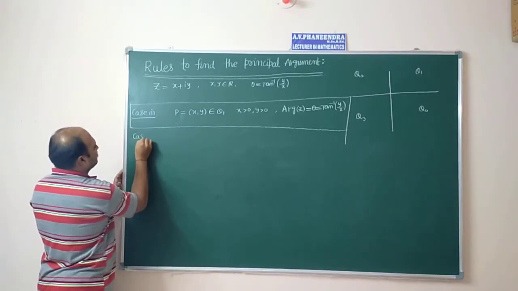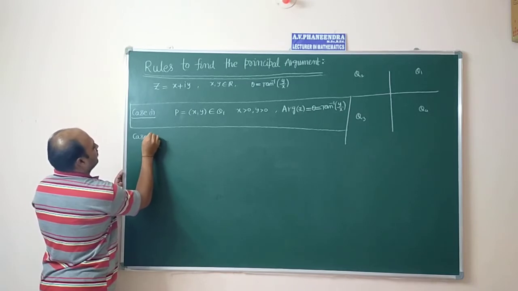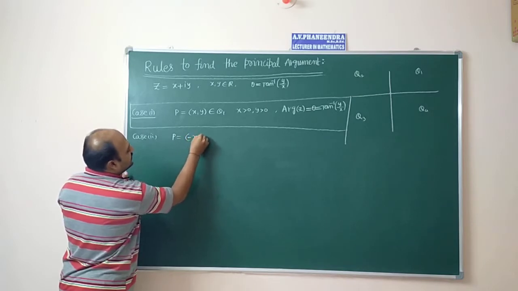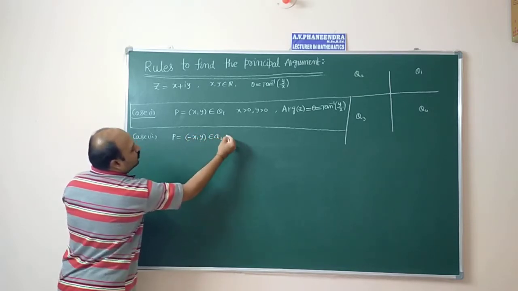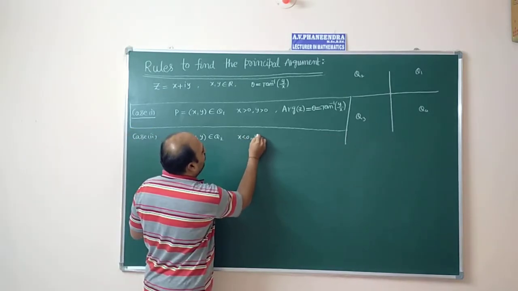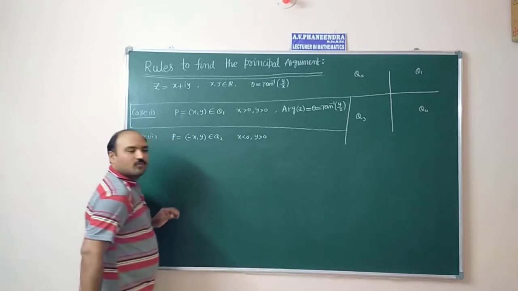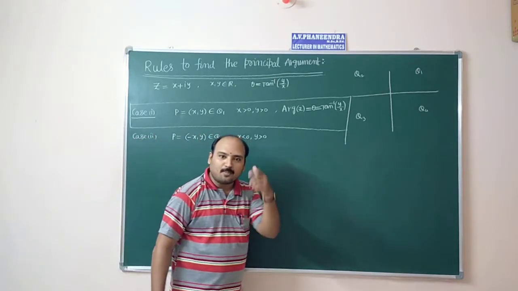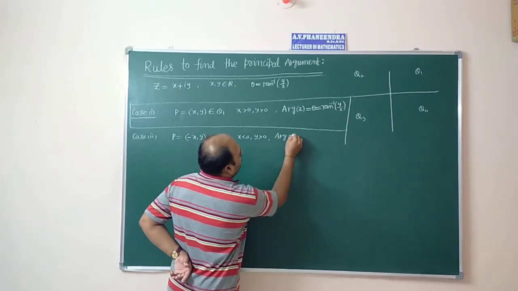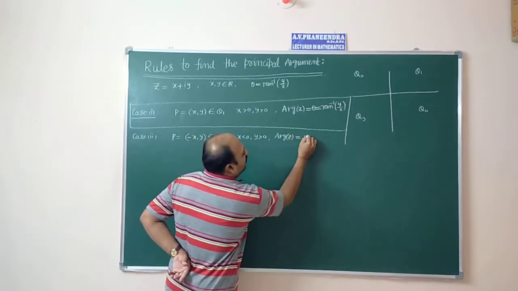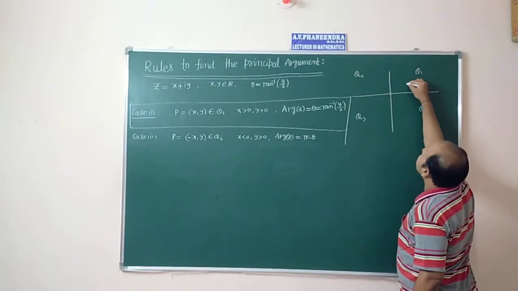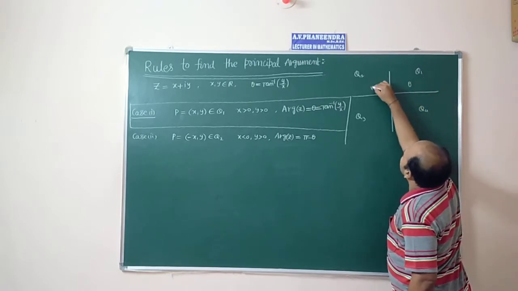Suppose the point is in the second quadrant, P becomes (minus x, y), which belongs to Q2. That means x is less than 0 and y is greater than 0. At this time, the argument is defined as argument of z equals pi minus theta. Here it is theta, here it is pi minus theta.